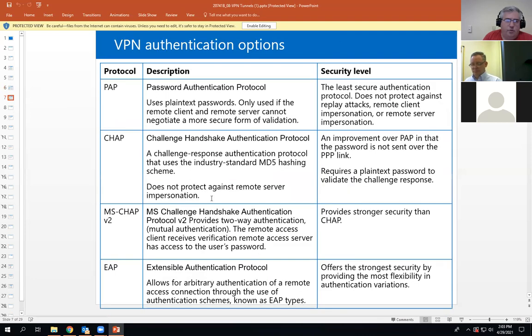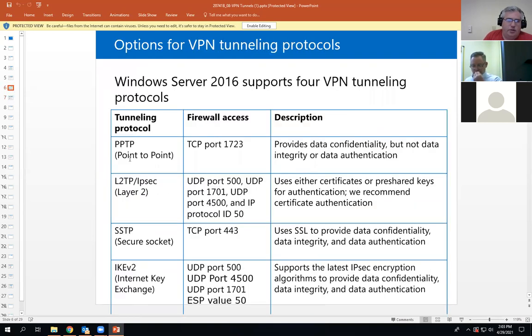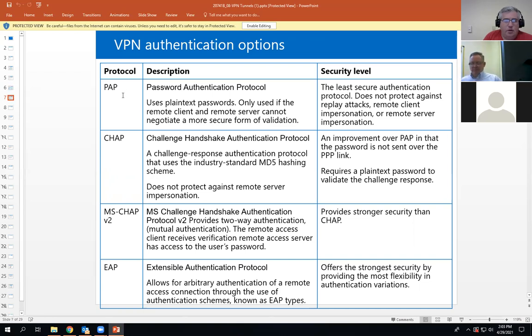So anyway, there's different authentication. When you establish the VPN, this is the protocol to tunnel with. But in order to establish that tunnel, you have to use authentication methods, and there's different protocols for that. So you can do PAP or CHAP, MS-CHAP version 2, or EAP. So MS-CHAP version 2 is pretty good authentication, which is what most VPNs use.